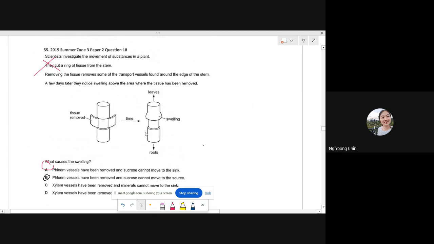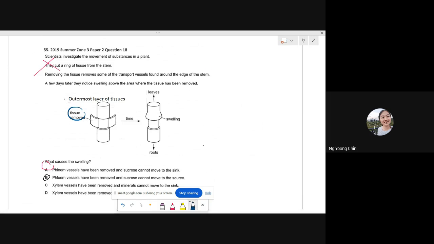Okay, and for this one, I think you looked at this picture before, right? This picture is showing that they are studying the xylem and phloem. What they are doing is removing the outermost layer of the tissue, because the outermost layer contains phloem. So the xylem is not removed.